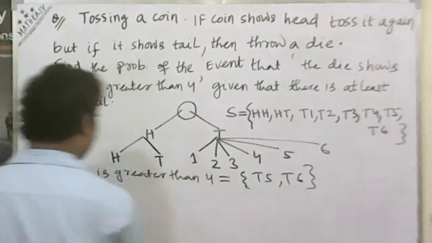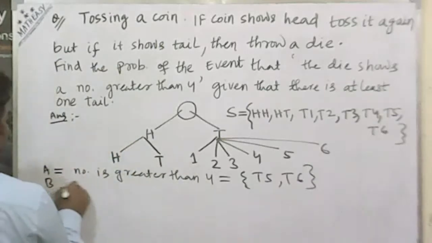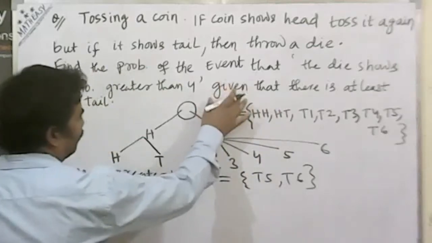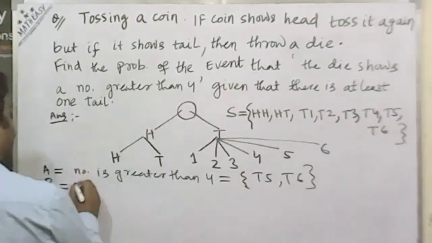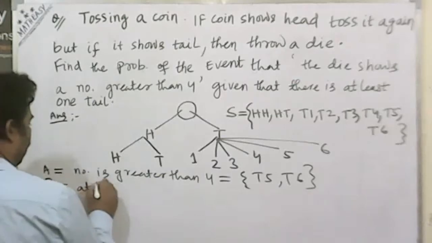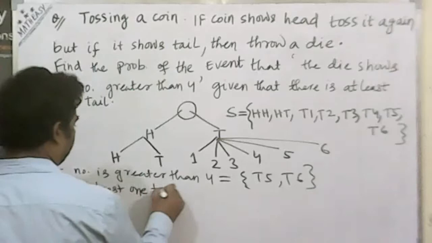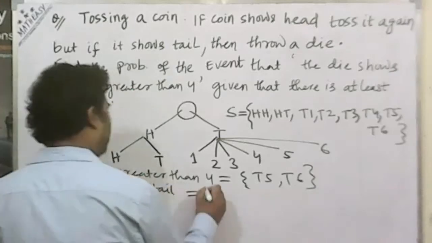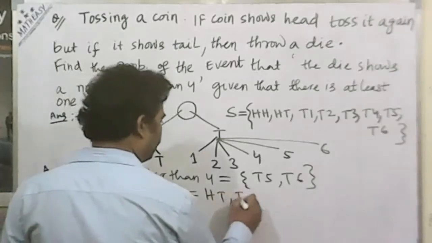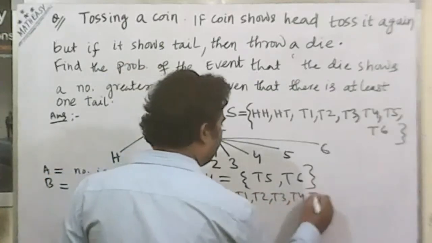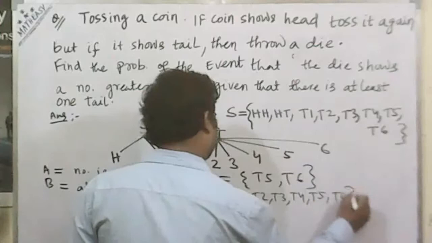Now, F be the event, that is the given condition here: at least one tail. It means head tail, and it means tail 1, tail 2, tail 3, tail 4, tail 5, tail 6.